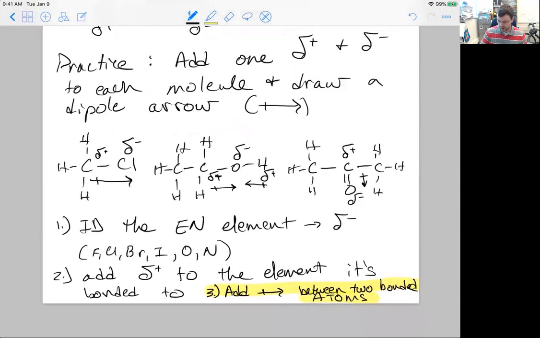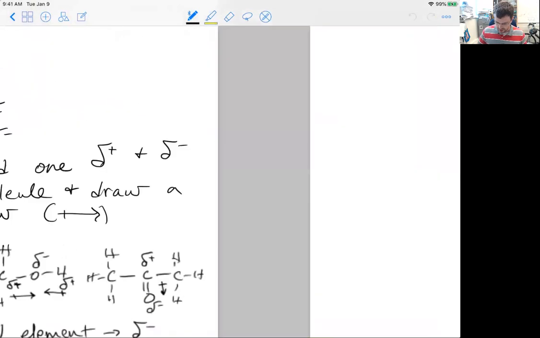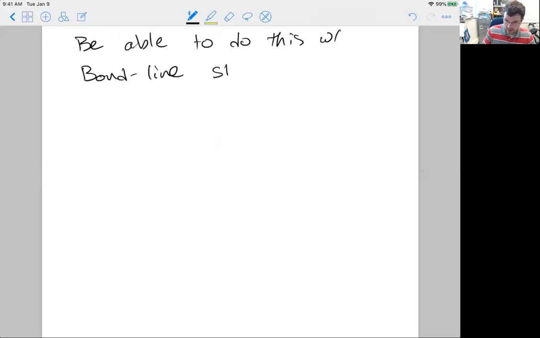Okay, so the thing we also need to be able to do is to show this on our bond line structures. So drawing the exact same molecules as bond line structures, always good practice.